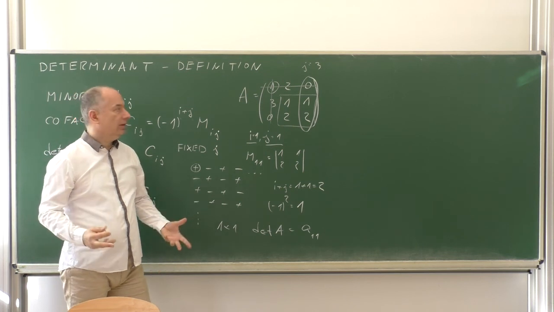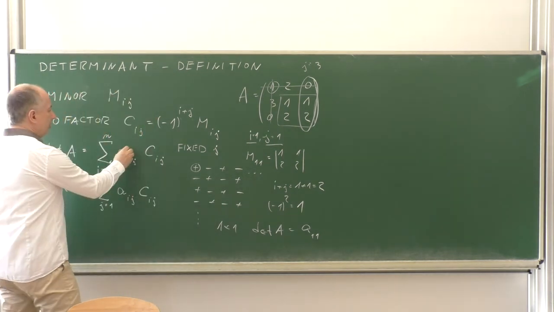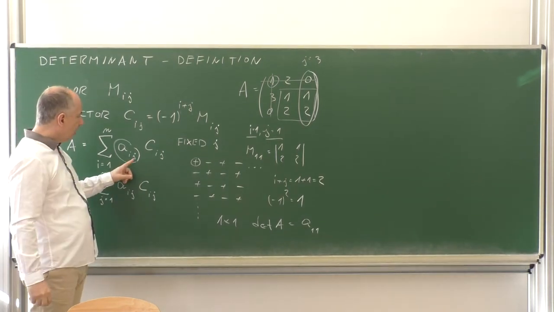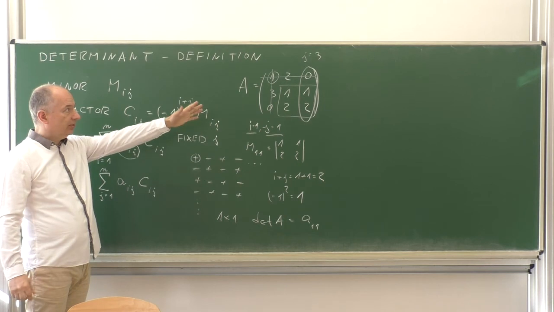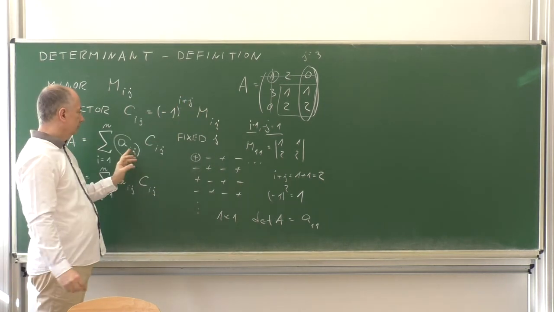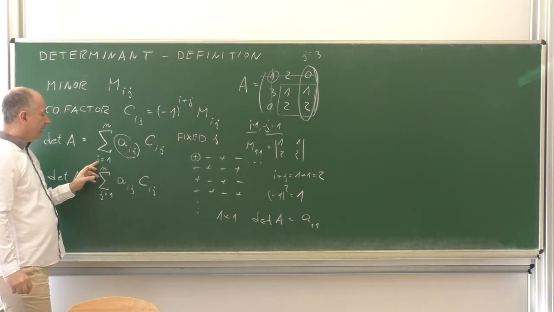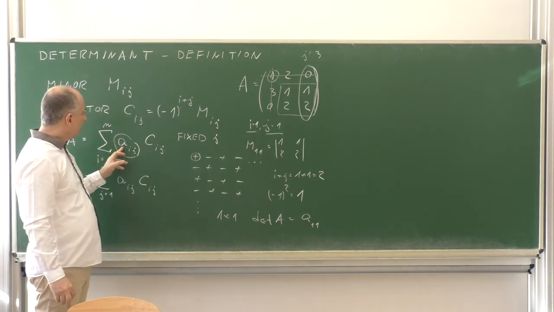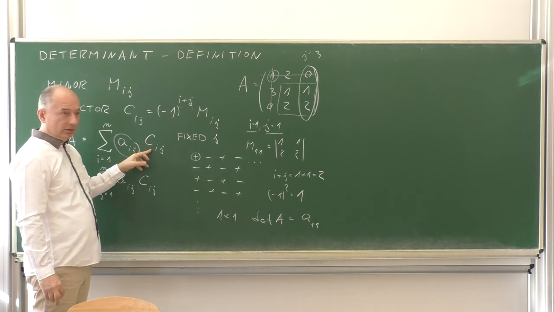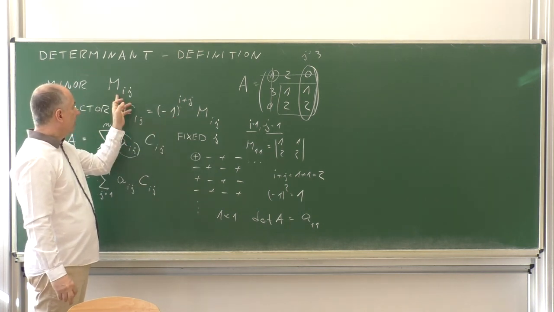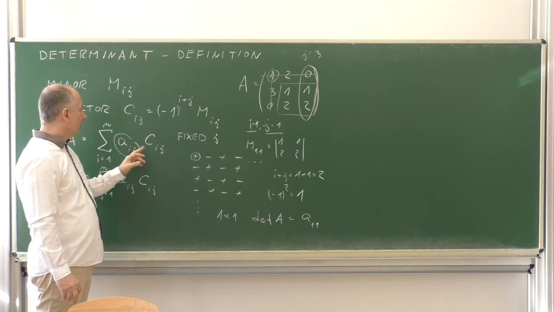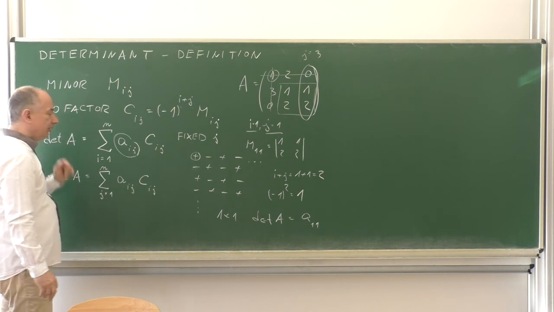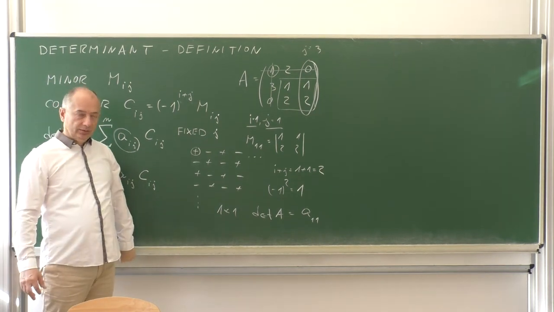We take the entry on the position ij. j is fixed. This is the third column or any column. And i is the running index that runs from 1 to n, the dimension of the matrix. And we multiply the entry by its cofactor, which is this and which is this. And we multiply this and we sum all these entries, and the resulting number is the determinant.